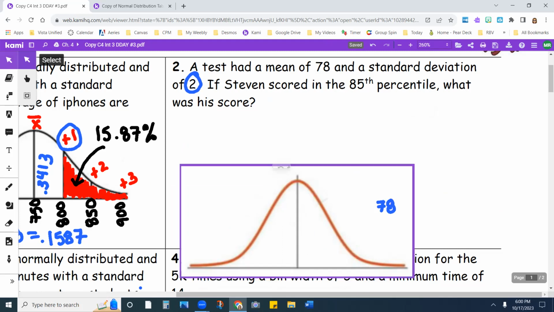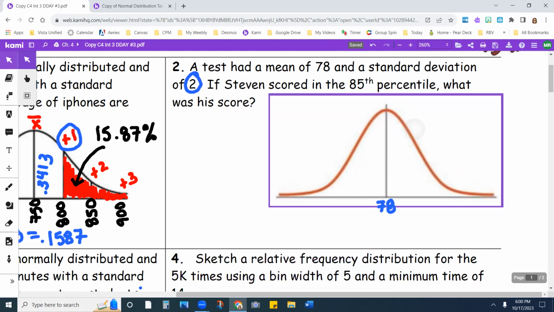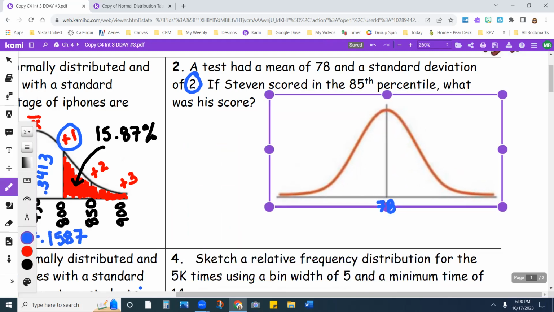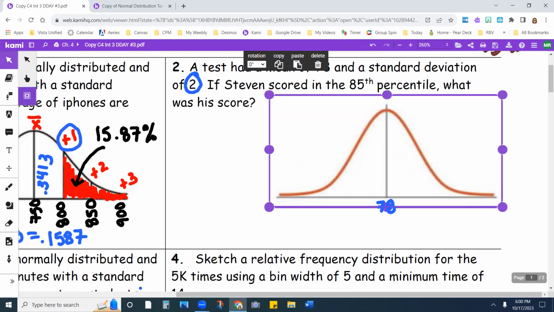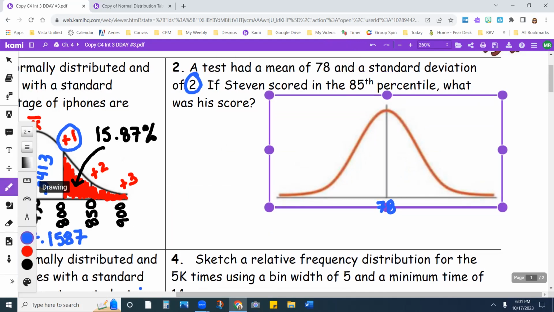If we want him to be in the 85th percentile, that means 85% of the students are scoring under him.